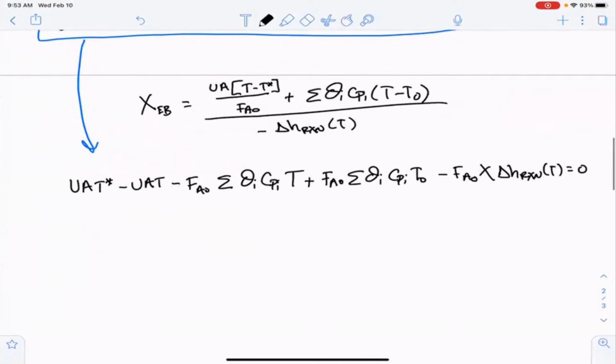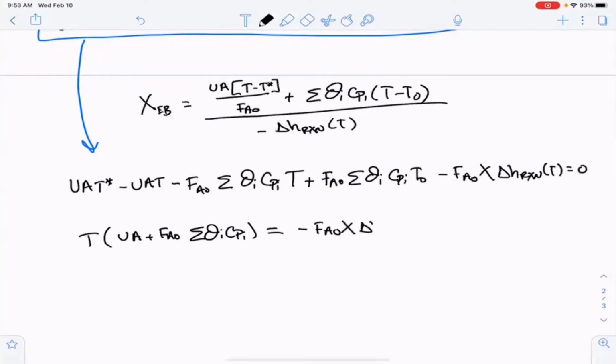From there, we just group the temperature terms. We find that the temperature times (UA plus FA0 times the sum of theta_i Cp_i) equals minus FA0 X times delta H of reaction plus UA times T star plus FA0 times the sum of theta_i Cp_i times T0. So we can get an expression that's explicit in the temperature.